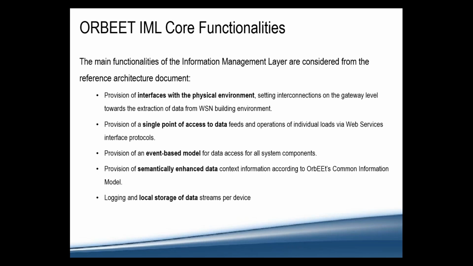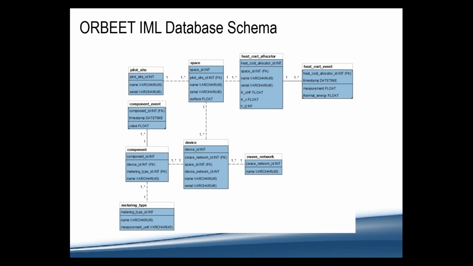This information management layer is about event-based analysis. So we rely on data when generated. It's about providing semantically enhanced data, not only raw streams of data, but further semantics on top of this data. And it's about logging and storing the data streams as coming from the different devices for further analysis.